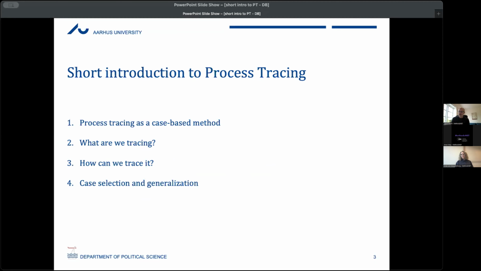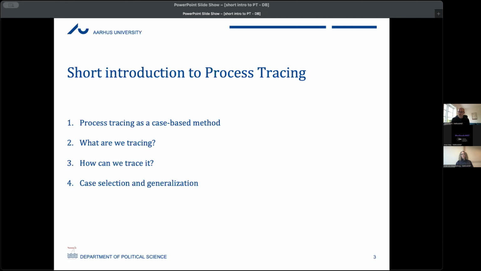But beyond that, I think one of the strengths of the method as it's developing is that we're able to span across different research traditions, and maybe there is also a more interpretivist variant of process tracing.